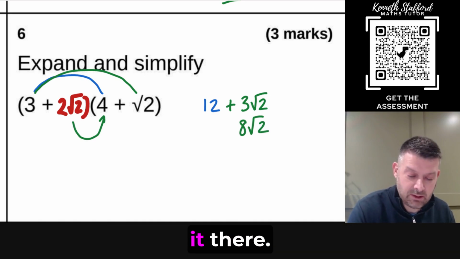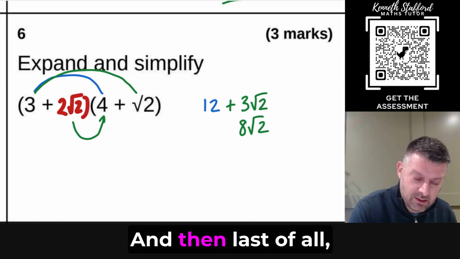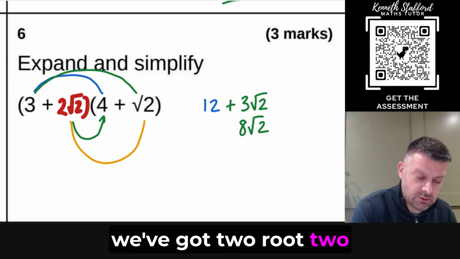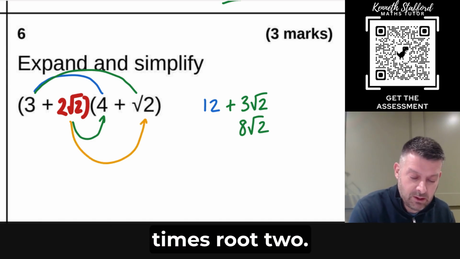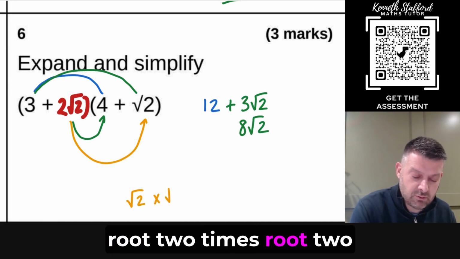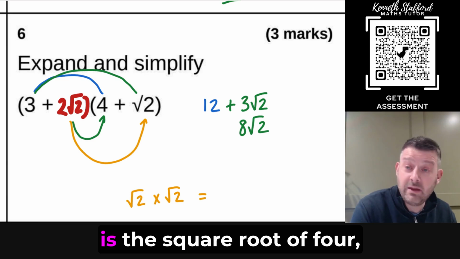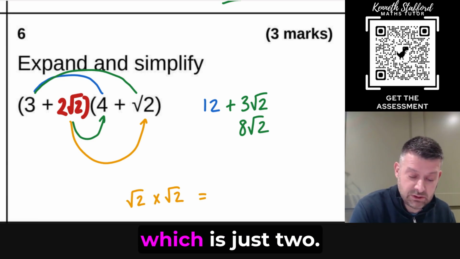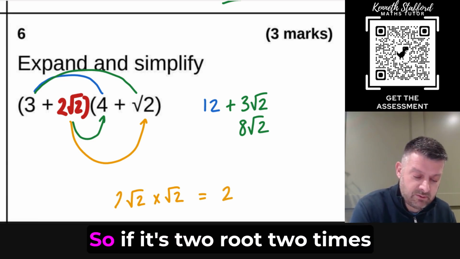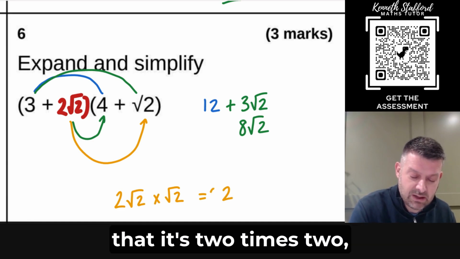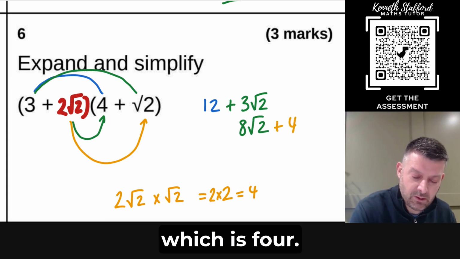I'm deliberately putting it there. And then last of all, we've got 2 root 2 times root 2. Well, root 2 times root 2 is the square root of 4, which is just 2. So if it's 2 root 2 times that, it's 2 times 2, which is 4.